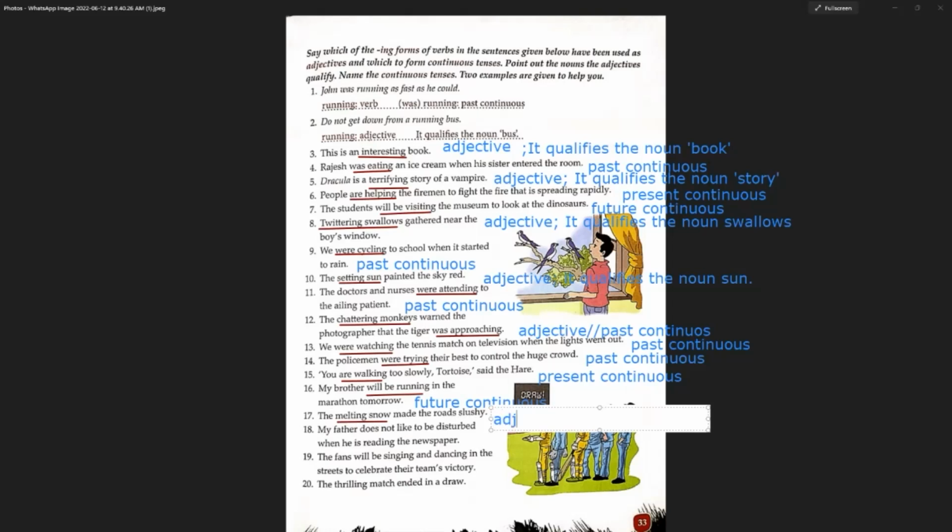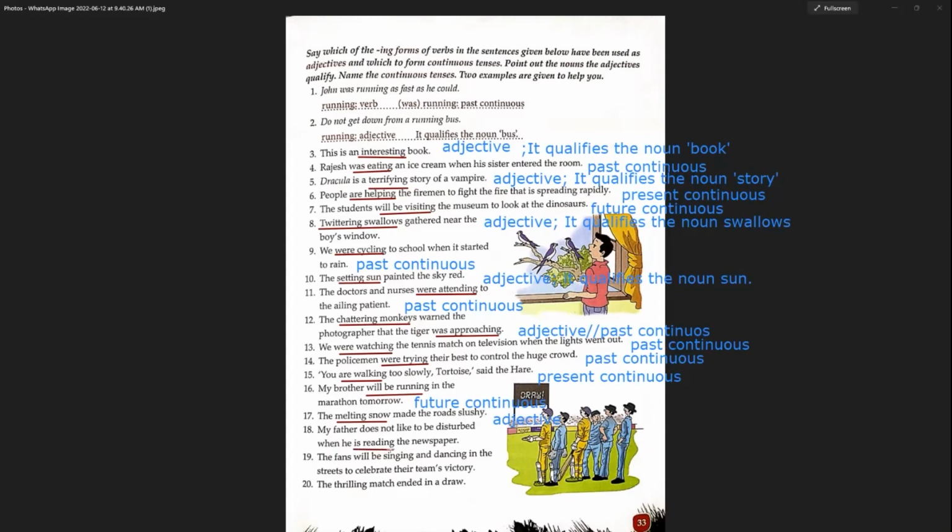What is the noun that melting qualifies? That is snow. Snow.